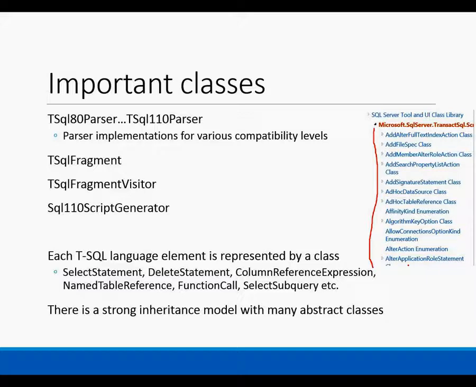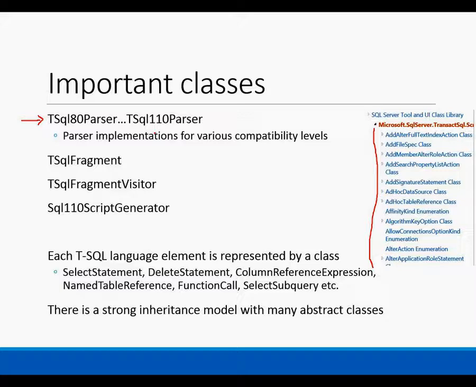So it's very easy to get overwhelmed initially if you start browsing the help for this library. I wanted to break up the classes into certain units which you would find useful to begin with. The first one is the parser itself.